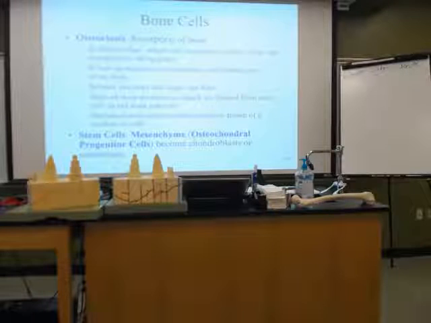Itty bitty baby is born. Itty bitty baby, 90% cartilage. But itty bitty baby has to grow, and that cartilage that's giving them structure for arms, legs, back, hips, shoulders, neck, okay? It has to harden into bone.